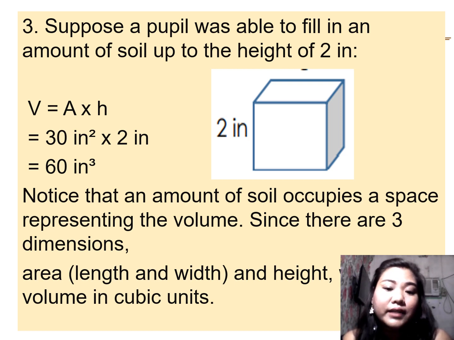Notice that the amount of soil occupies the space representing the volume, since there are three dimensions: area, which is the length and the width, and the height. Volume is in cubic units. Take note, in volume there are three dimensions, so we will write unit cube or cubic unit.